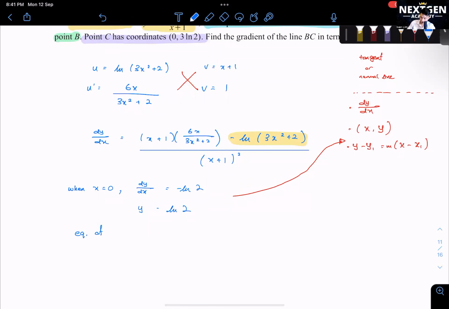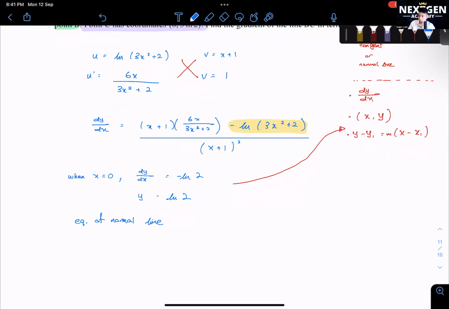So I need to inverse it first for the equation of the normal line. What is the information that I need? My x and y are 0 and negative ln 2, then my m is equal to 1 over ln 2.